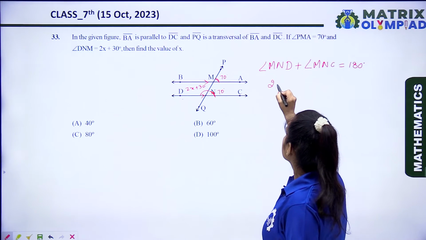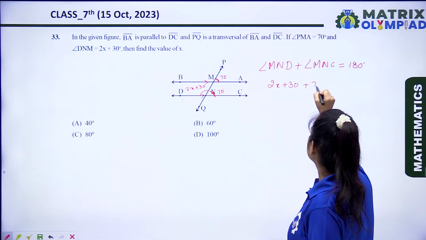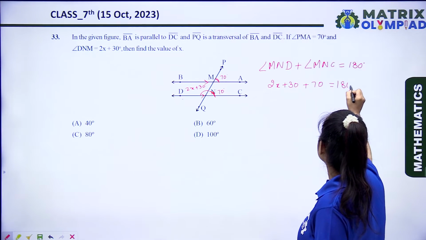Now here we have to simply put the values. 2x plus 30 plus 70 is equal to 180.